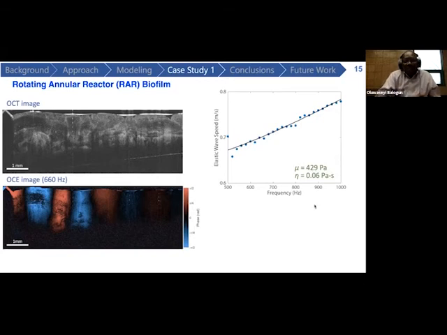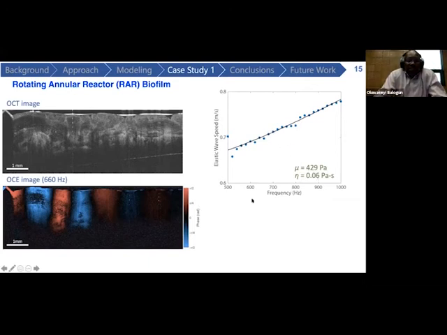But in fact, we see this dispersion behavior where the wave speed increases with frequency, and that's a result of viscoelasticity. So this confirmed to us that indeed these materials are viscoelastic, and we're able to fit two parameters to our dispersion curve, the shear modulus and the complex viscosity, to determine the viscoelastic properties of the material.